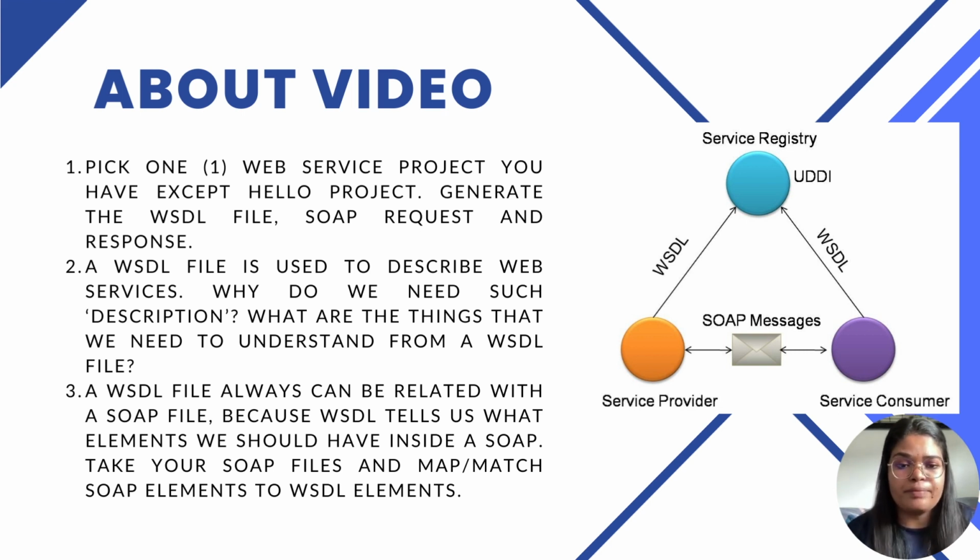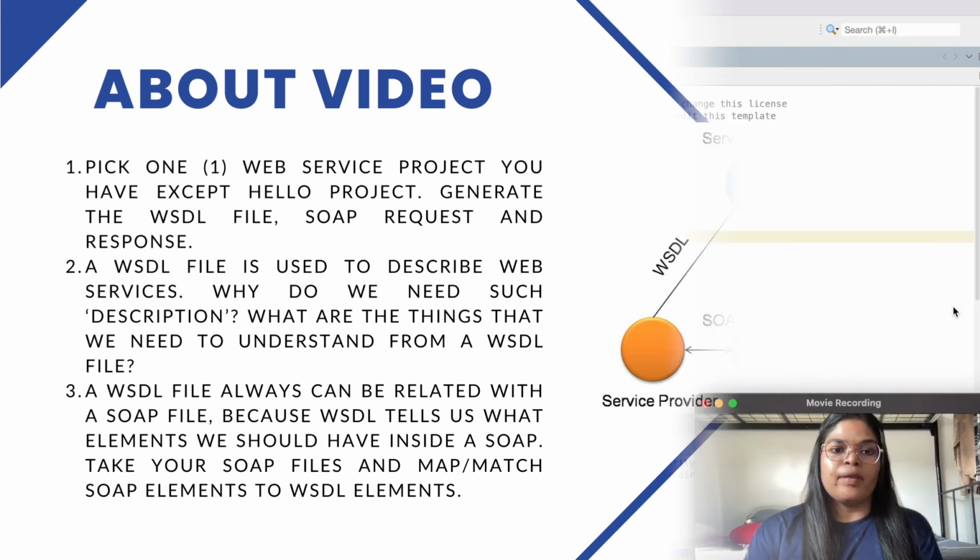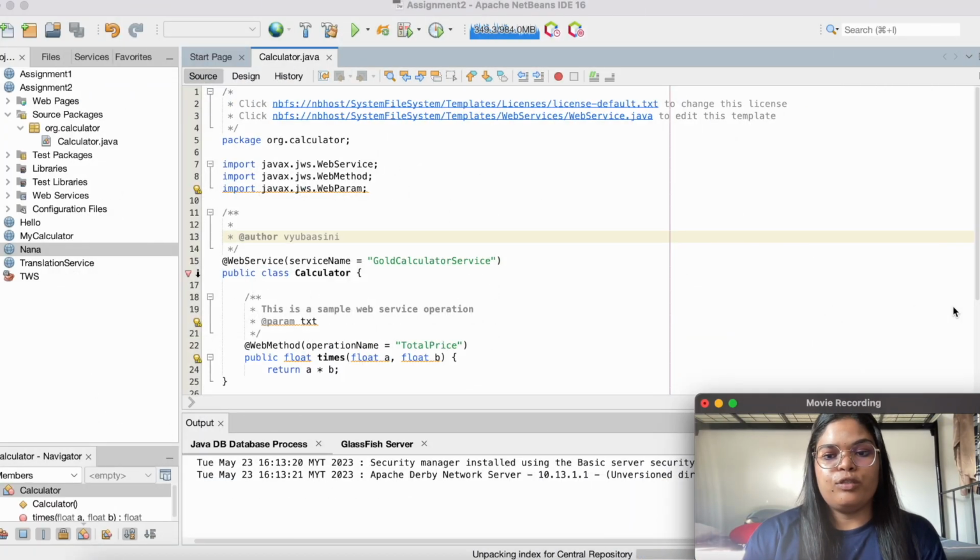I'm going to explain how it works, how it calls, and all the functions that happen in the SOAP and WSDL file. Okay, so now we move on to the next part.